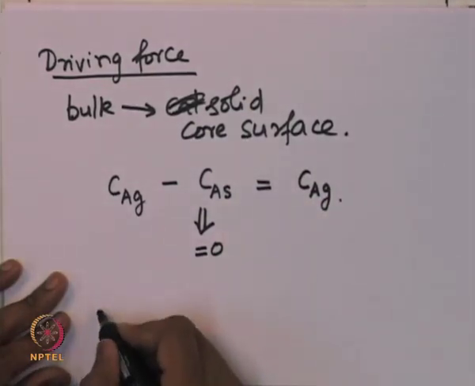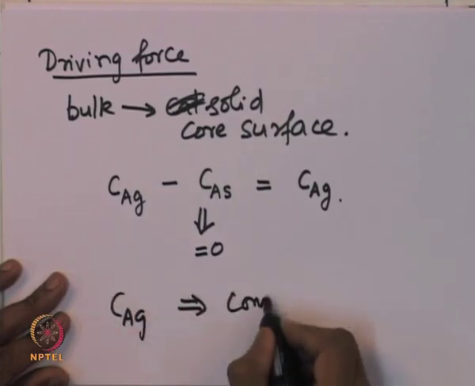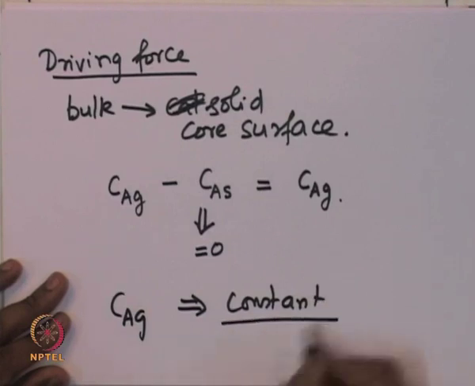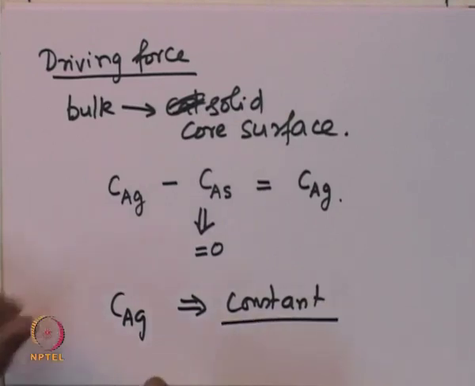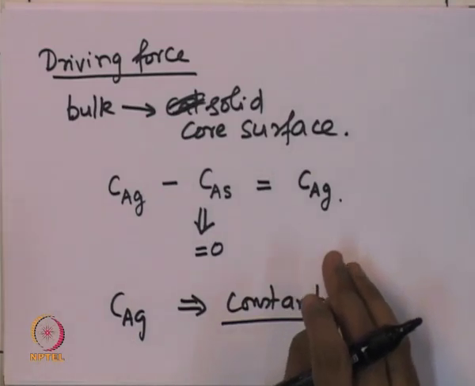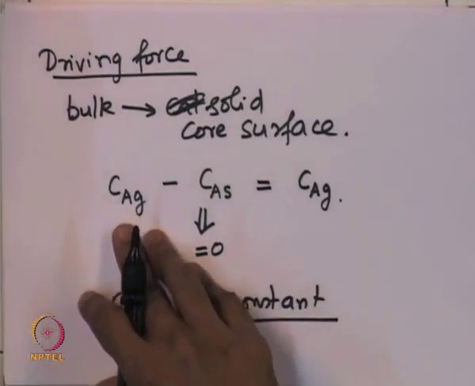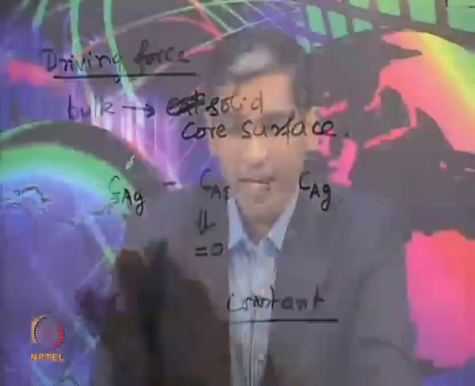Now, suppose we assume that the gas phase bulk concentration is constant, which is reasonable, because in a real system we may be able to feed the gas at a certain rate in order to maintain a constant concentration of that particular species in the gas phase. So, with this we can write a simple mole balance.